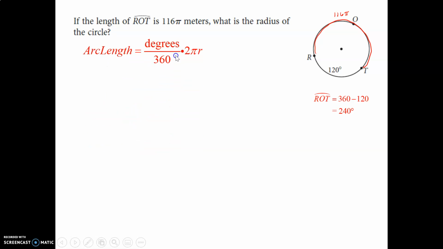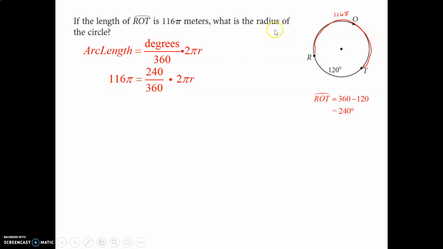Arc length is degrees over 360 times 2 pi r. Now, how many degrees are in that? I come over here and I say ROT is 360 minus this 120 here. That would give me the whole red section, which would be 240. So now I put in 240 over 360. They're telling me the arc length, so I'm going to put this over here as 116 pi.